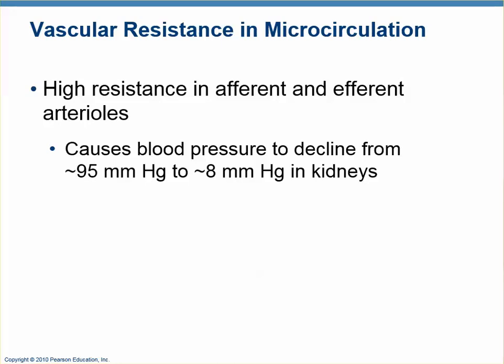By the time it makes it into the venules and the veins, returning to the vena cava, we're down to about 8. So there's a huge loss in blood pressure across the kidneys because of the amount of resistance. And that resistance is what causes the filtration to happen.